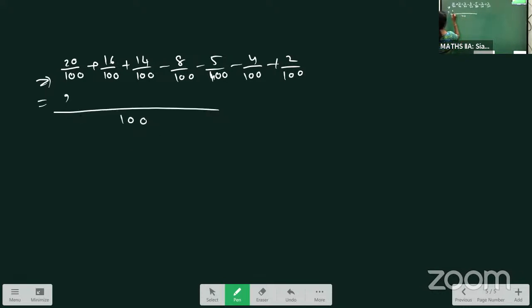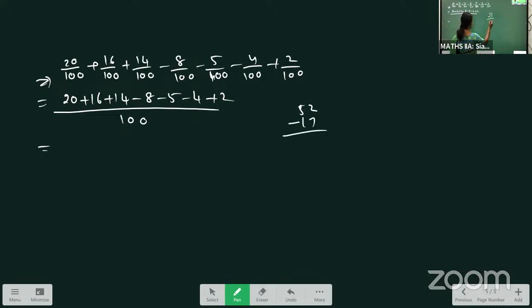So that is 20 plus 16 plus 14 minus 8 minus 5 minus 4 plus 2. So simplify. 20 plus 16, 36. 36 plus 14, 50. 50 plus 2, 52. So positive terms are 52. And negative terms, 8 plus 5 is 13, 13 plus 4 is 17. 52 minus 17, it is 35.